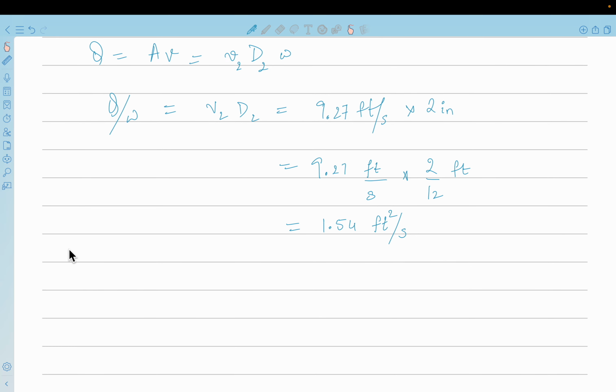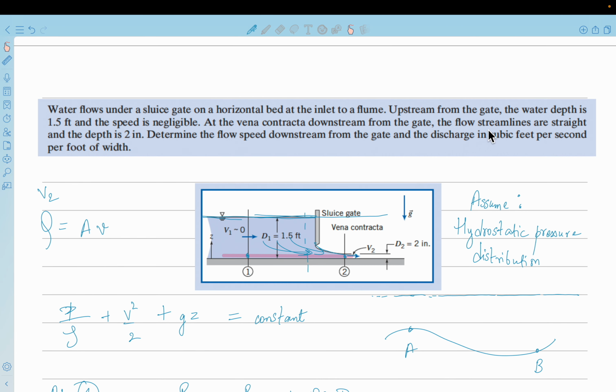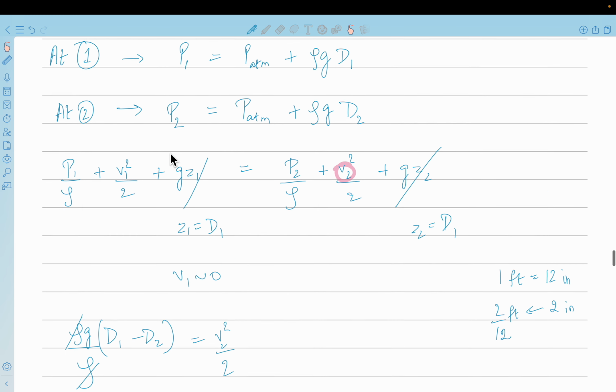Now remember, discharge is actually in meter cube per second or feet cube per second, but we have taken discharge per width. So this is nothing but feet cube per second per width. If you go back to the question, that's what they had asked. You had to find the discharge in cubic feet per second per foot of the width.